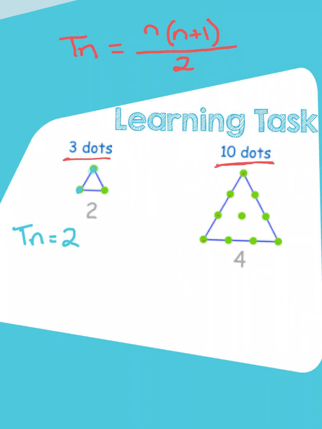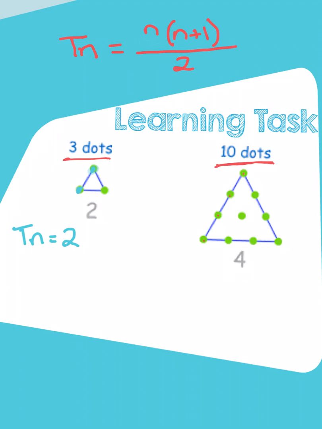Again, I'm going to go over that. I'm substituting the n in my formula with how many dots I've got on the sides, because we're looking at an equilateral triangle here, with equal sides. So there are 2 circles on each side of this triangle. I'm going to plug in the number 2.